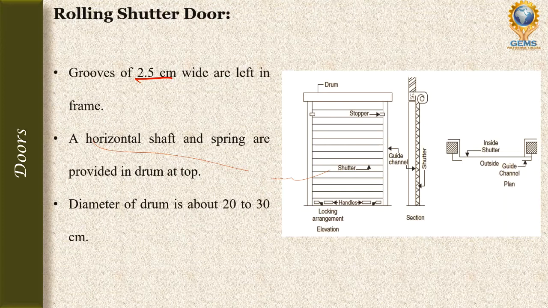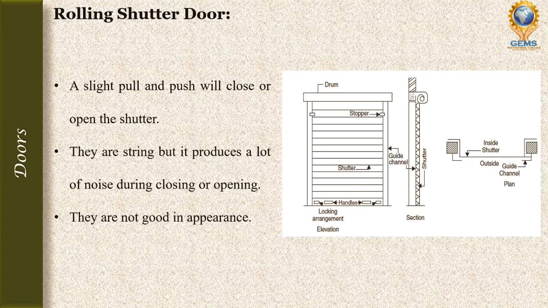A horizontal shaft and springs are provided in the drum at the top. The diameter of the drum is about 20 to 30 centimeter. Usually the shutter rolls in turns into the drum. Slide, pull or push will close or open the shutter.